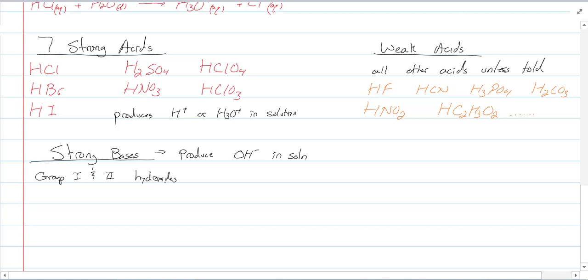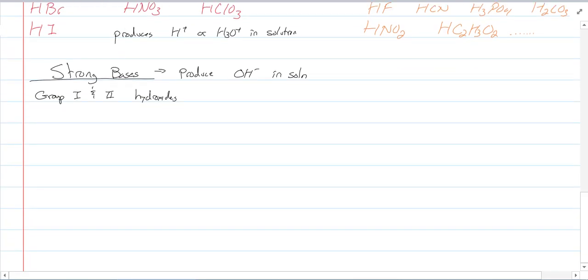Now this definition gets expanded in Chem 2: basically in Chem 2 it's hydroxides, oxides, and sulfides. But in Chem 1, it's group 1, group 2 hydroxides, so that would be lithium hydroxide, sodium hydroxide, potassium hydroxide, with sodium and potassium being the common ones.